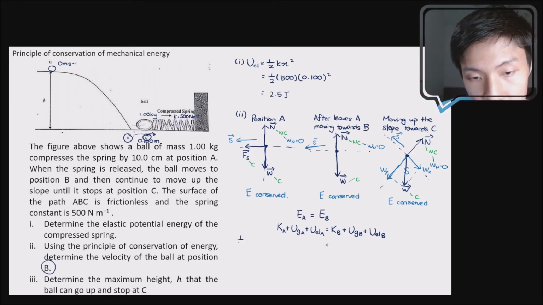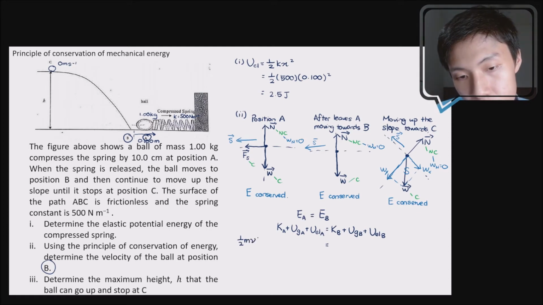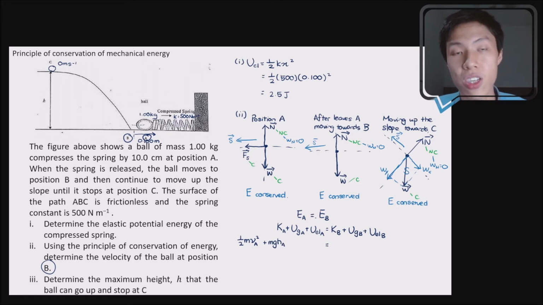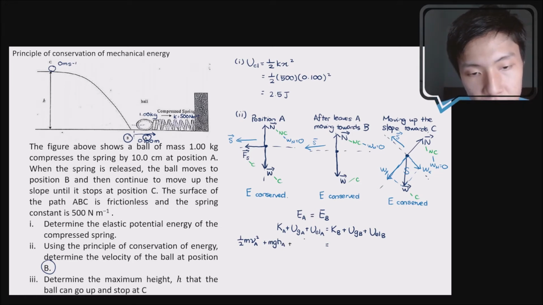Kinetic energy will be half m v squared, with v the speed at position A. mgh for the gravitational potential energy, with h the height at position A. Next, we will take the elastic potential energy at position A.